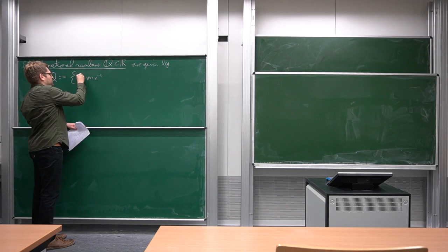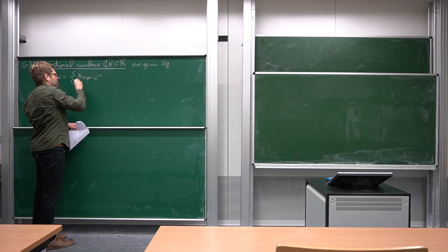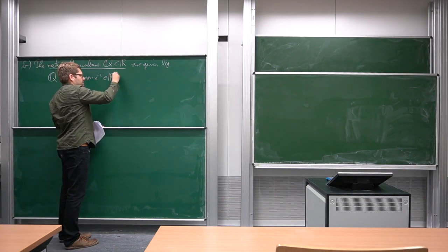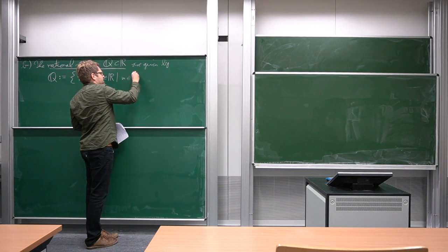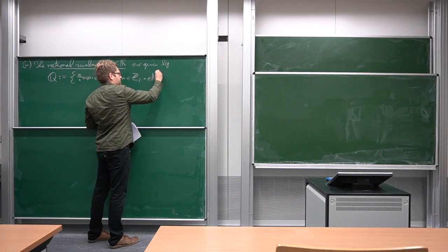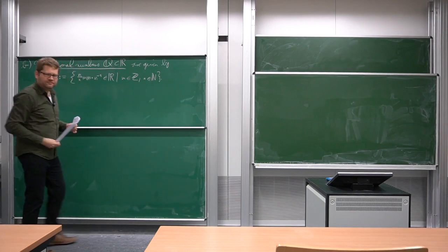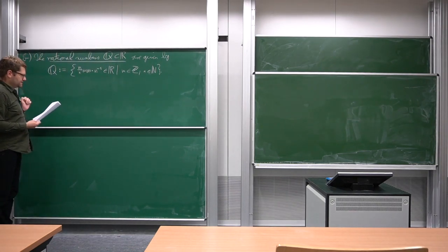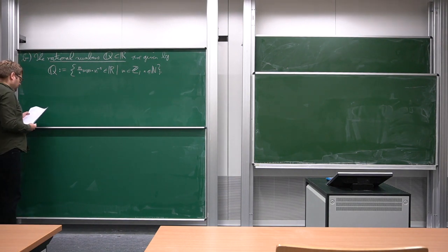And this is what we denote by m over n. So m over n is defined as this technically. This is an element of R, where m is an element of Z, and n is an element of N. So in this way, we now have a formal definition of the rational numbers inside the real numbers. Okay.